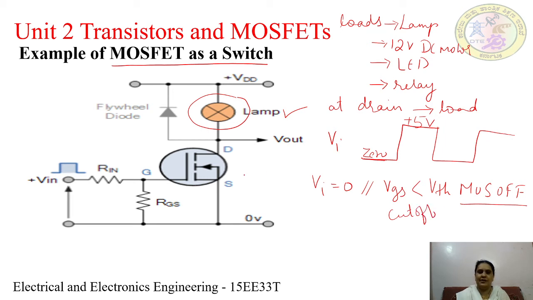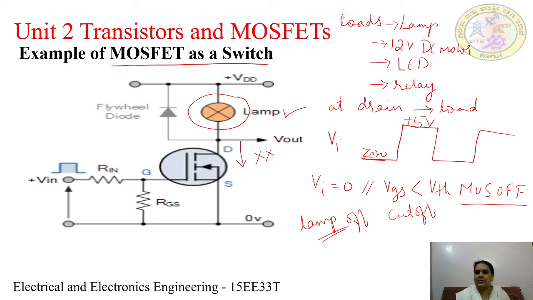So it will behave like an open switch. It means there is no connection from drain to source. The drain current is not flowing now. If it is not flowing, the lamp will be off.